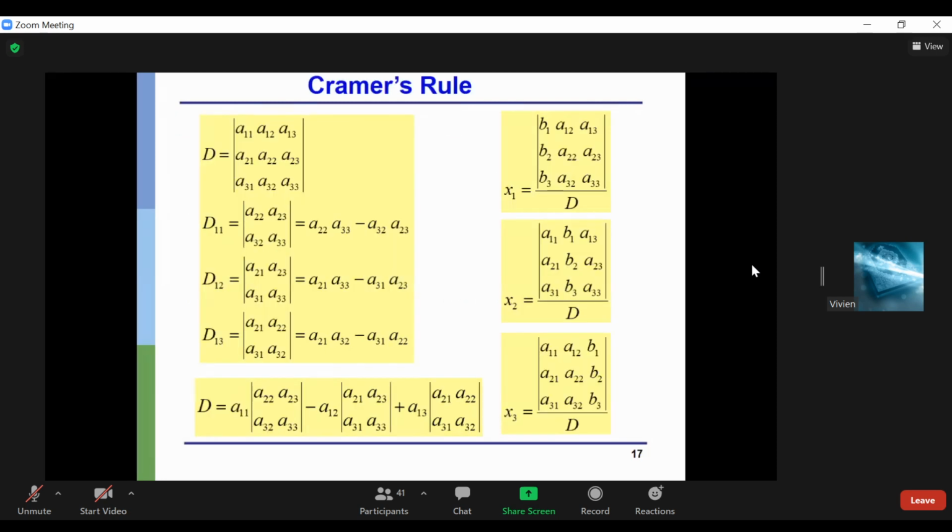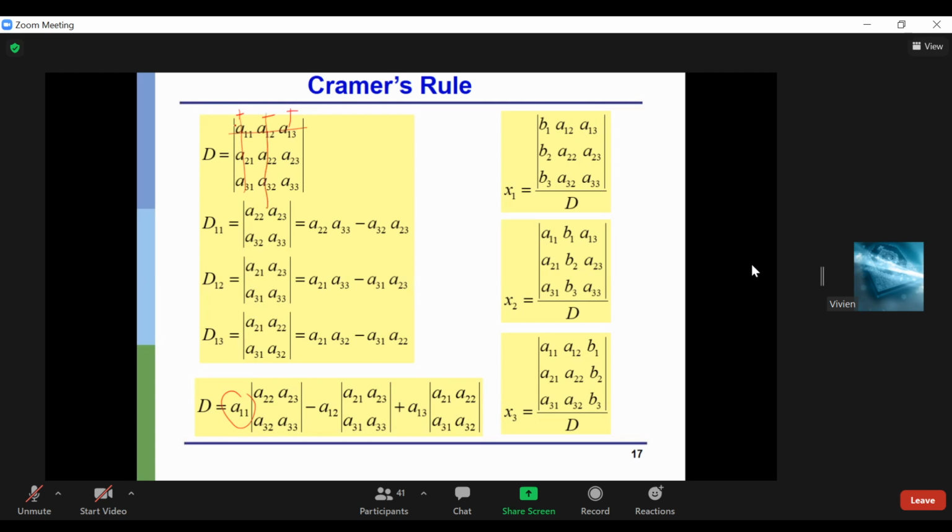So that we can find the determinant. This is how to find the determinant. Usually the signs are positive, negative, positive. If we take A11, I think you still remember A11, that will be multiplied by A22 times A33 minus A32 times A23.